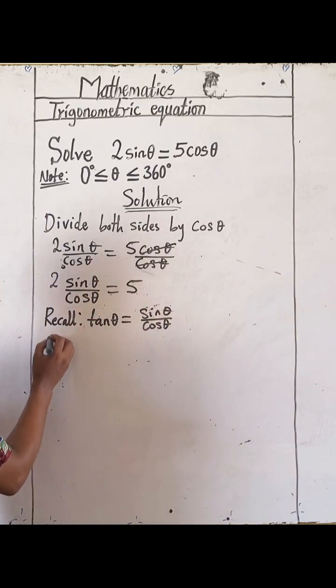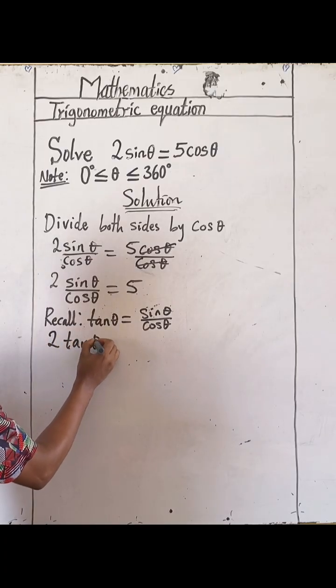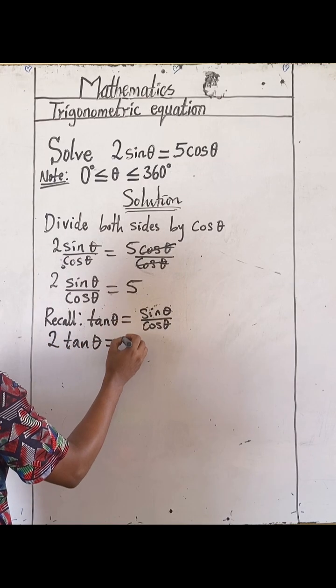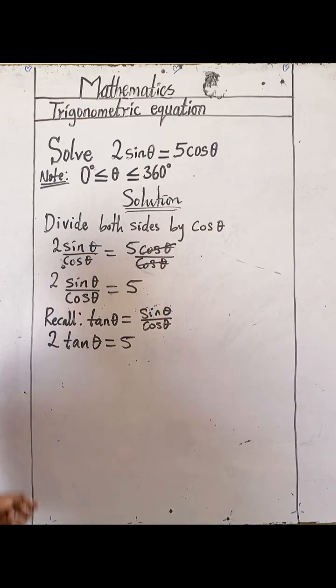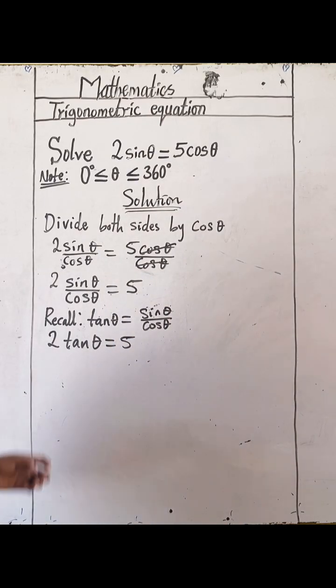So what we have becomes 2 tan theta, that will be equal to 5. Then the very next thing we need to do is to divide both sides by the coefficient of tan theta, which is 2.